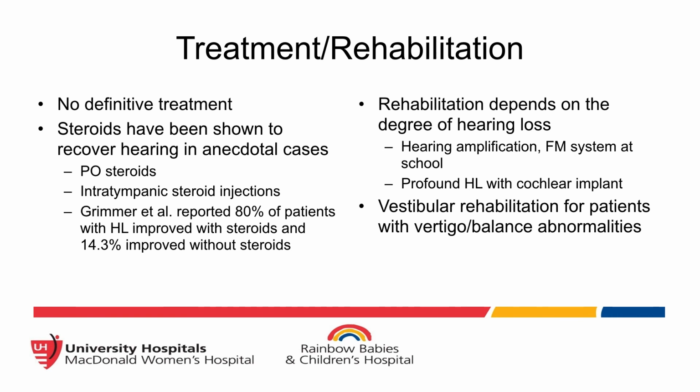And then profound hearing loss would prompt workup for cochlear implant placement. As we noted, there are patients who present with or have vestibular symptoms as part of their process, and additional workup is required, and vestibular rehabilitation specifically for patients with vertigo or balance abnormalities.